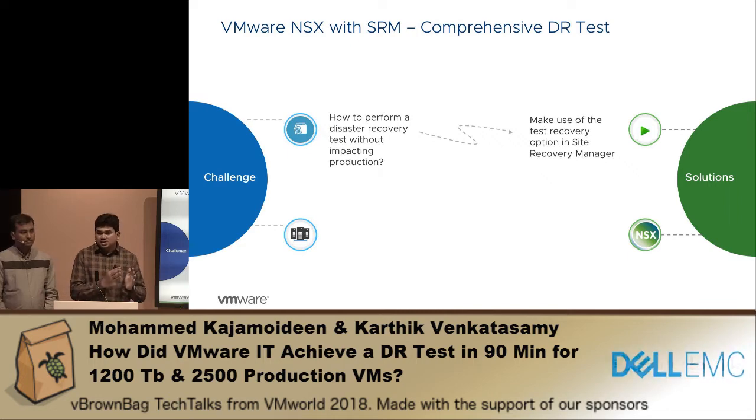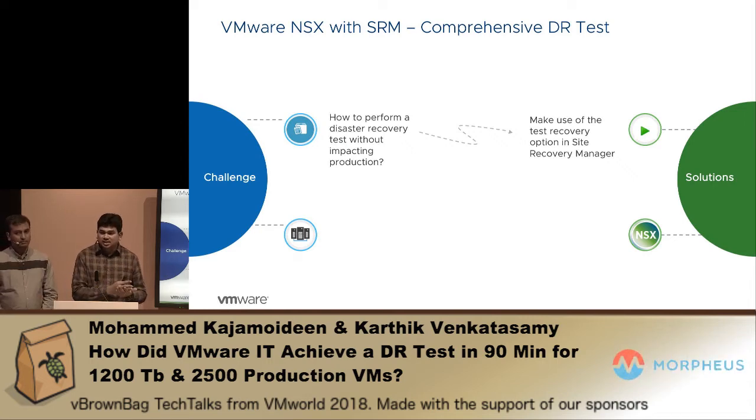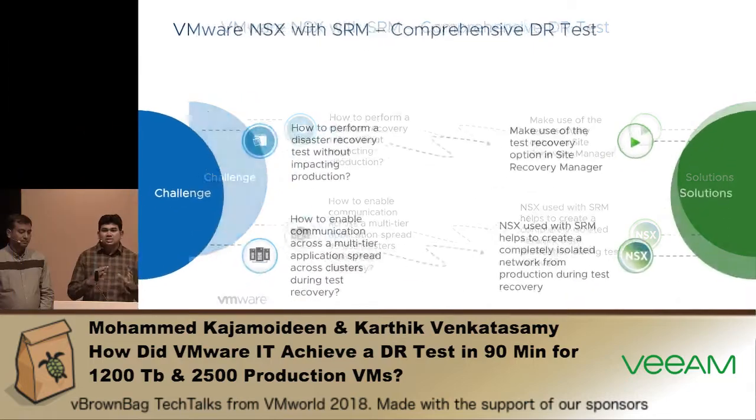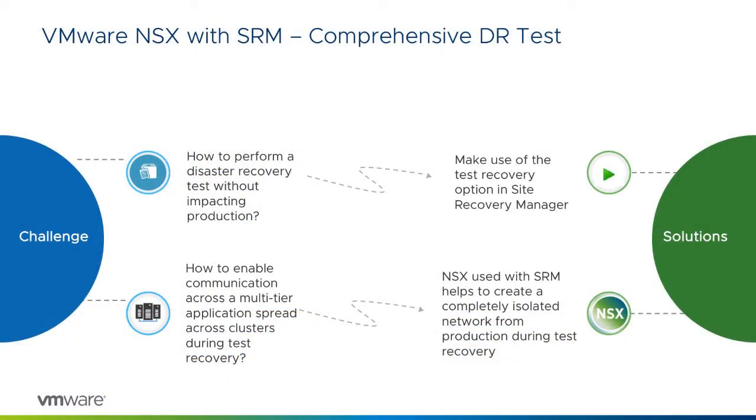In an enterprise scenario, we run a multi-tiered application, so we have to establish communication across the virtual machines to validate the application. So how can we do that? Here we used VMware NSX to establish the communication across the virtual machines in a bubble test environment. Let's have Karthik talk about how we designed that.